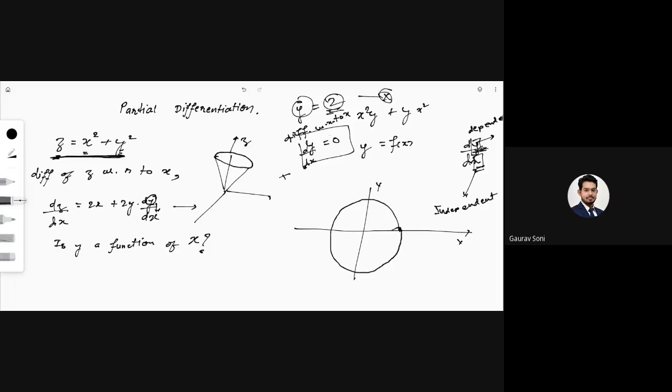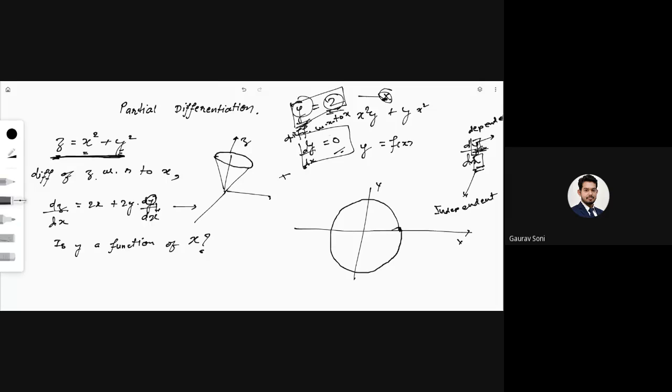Whatever the x is, the answer is always 2. So the derivative becomes 0 if the variable by which you are differentiating is independent in the given equation. So in this y is equal to 2, the value of y is not depending on x. It is constant. It is independent of x. So the derivative becomes 0.